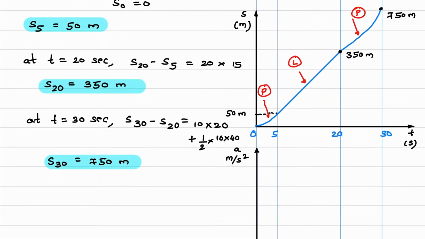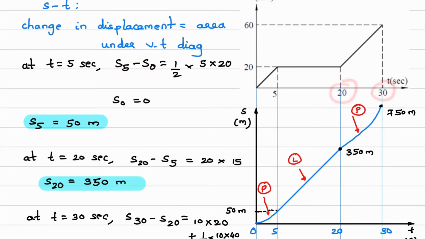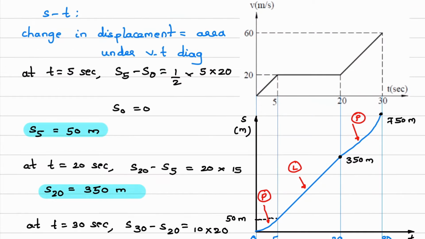Then we considered S30 minus S20 is the area under this inclined line. So it was a rectangle plus the area of this triangle, and from that we got S at 30. And based on velocity is equal to ds by dt, the slope of the ST diagram, we decided the nature of the curve, and we had drawn the ST diagram.